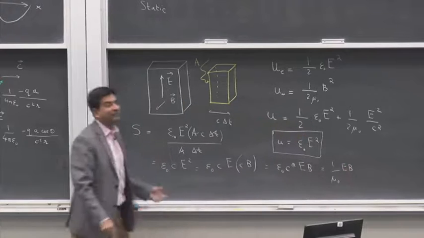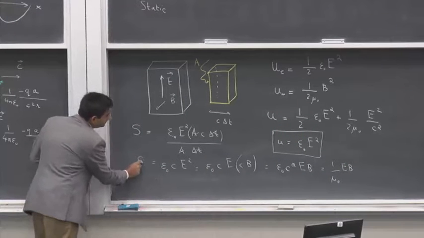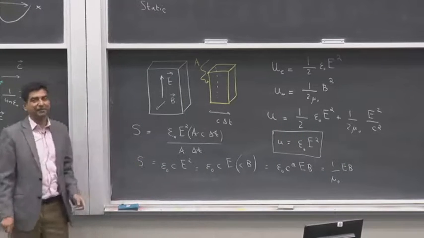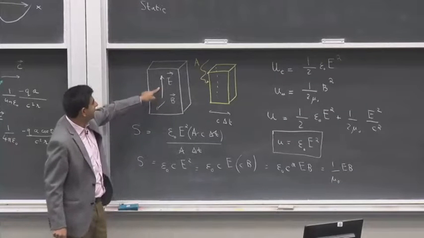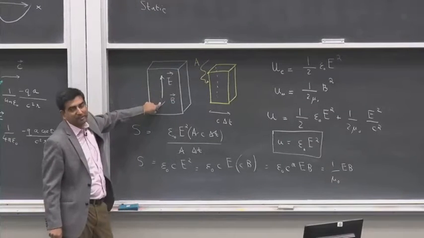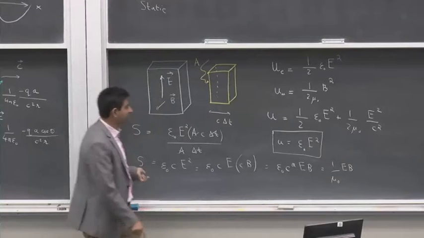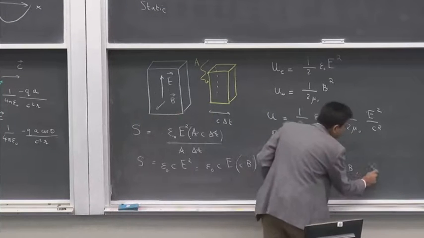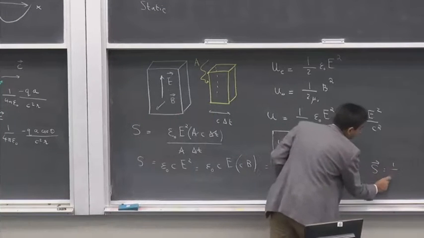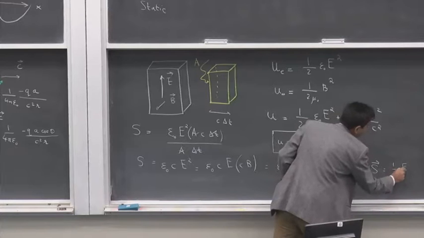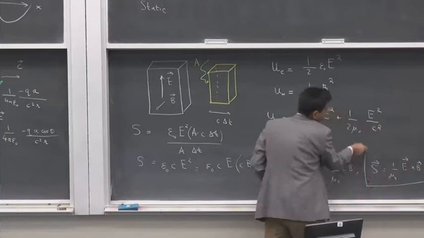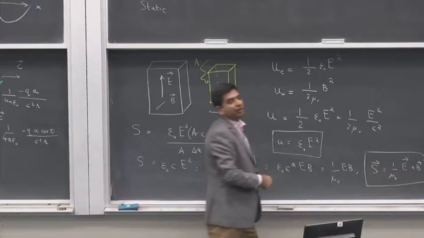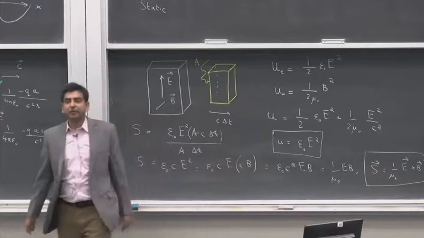This is how we define the Poynting vector. Now this is a magnitude here. The direction of energy transfer is in the direction of the cross product of E and B. So if I put vector signs on both sides, I will have S equals 1 over mu naught E crossed with B. And this reinforces our definition of the Poynting vector that we used earlier.